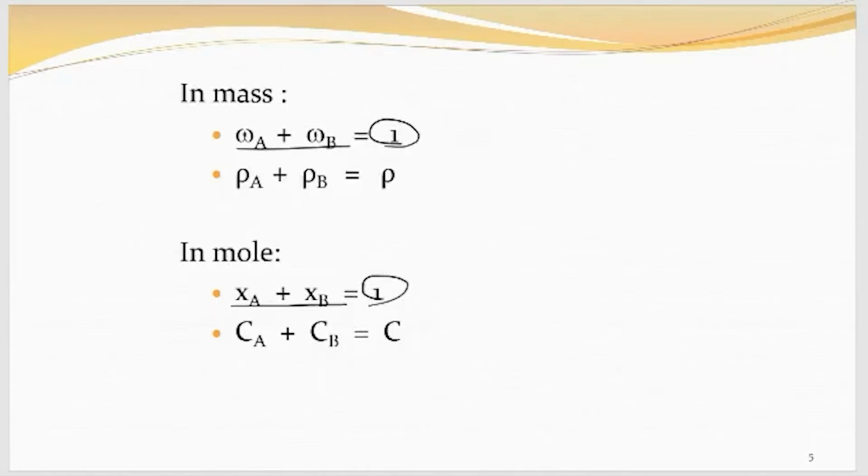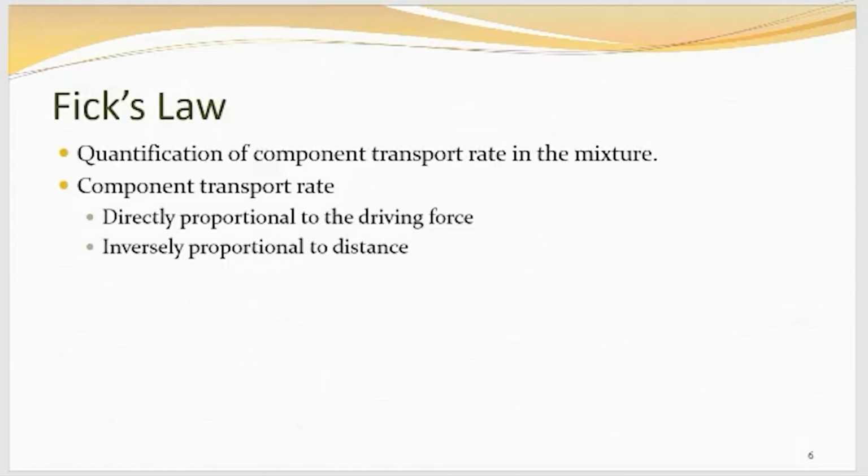So omega A plus omega B is 1, and Xa plus Xb is also 1. The mole fraction of A plus the mole fraction of B is 1, and the mass fraction of A plus the mass fraction of B is 1 as well.